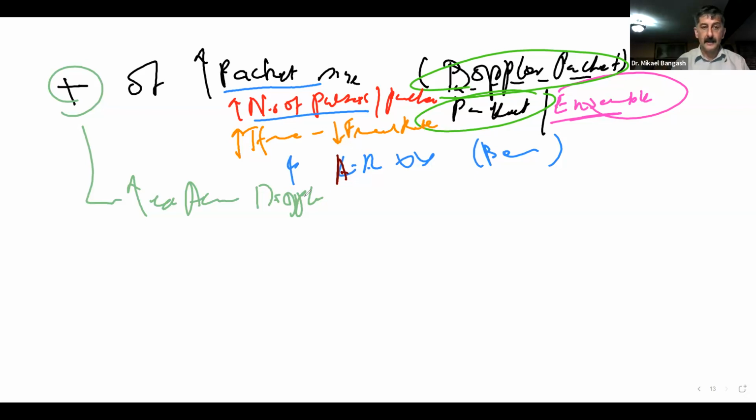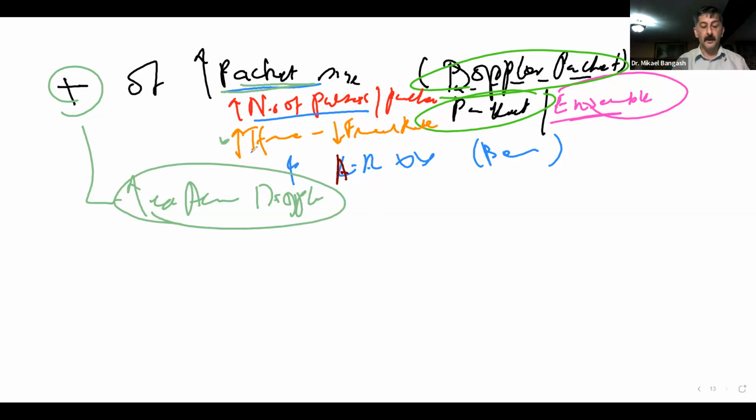But as I said, there's a very thin line between a packet size that gives you an accurate Doppler and an inaccurate Doppler.